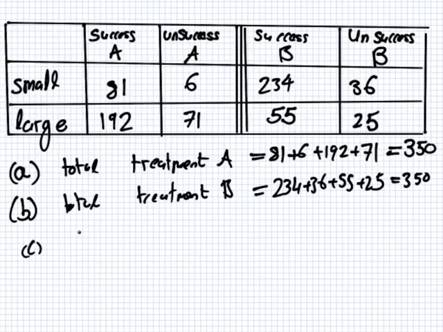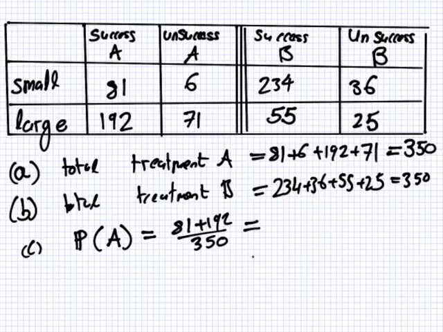What is the probability of being successfully treated with treatment A? 273 over 300. Yeah, it'll be 81 plus 192 over 350. Yeah. 39 over 50.